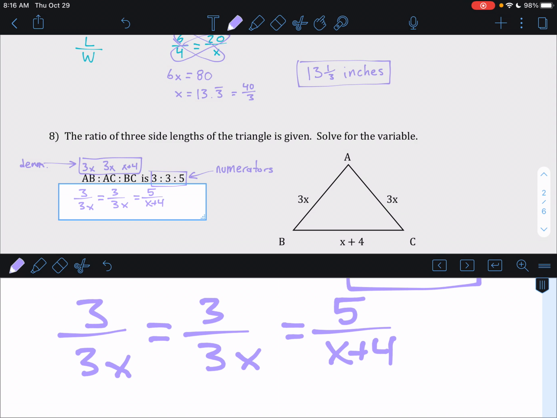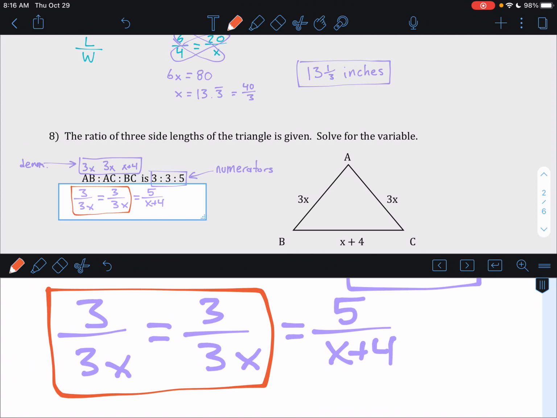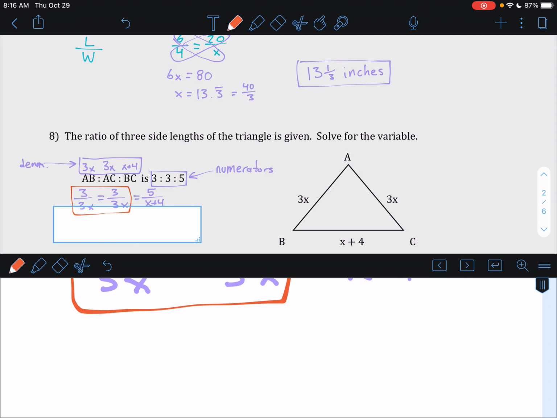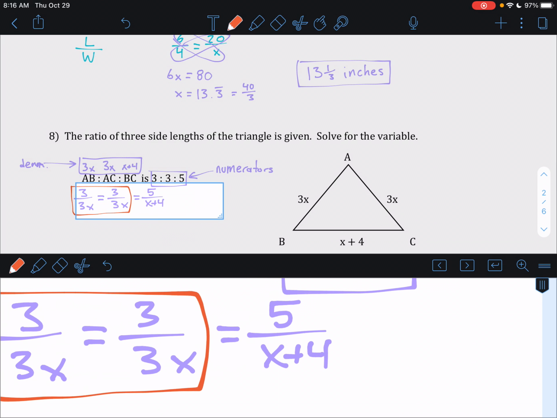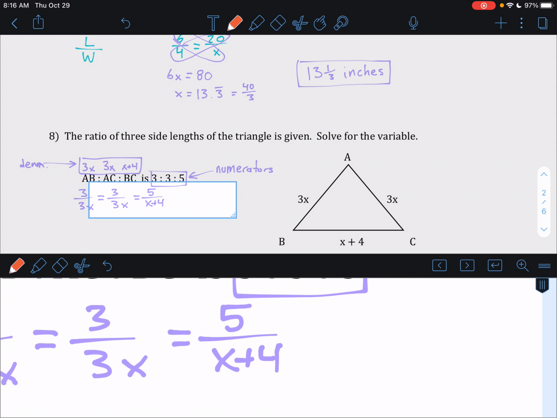However, I see here that these are the exact same thing. So if I try to solve with those 2, everything's going to cancel out and I'm not going to get any answers. I'm just going to get 9x equals 9x. That doesn't tell me anything. So instead, I'm going to go with these 2 here.